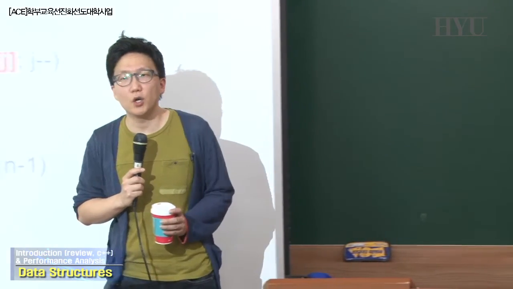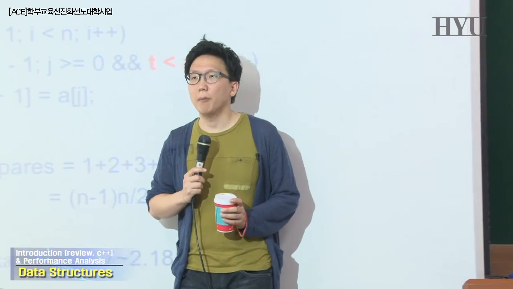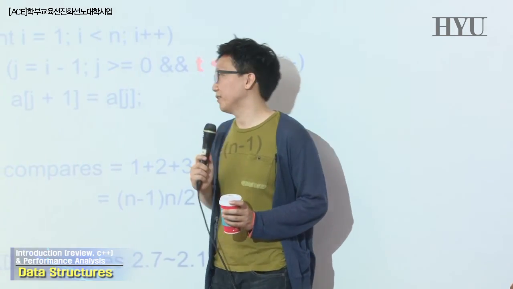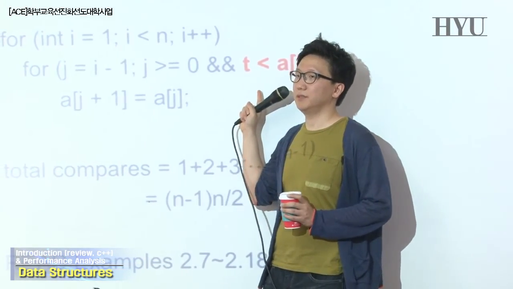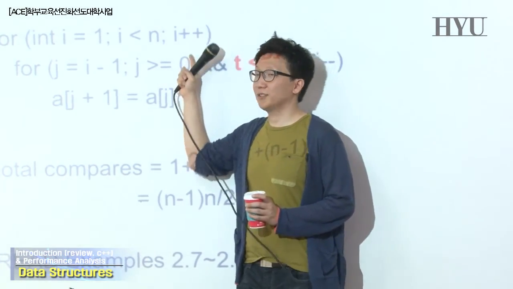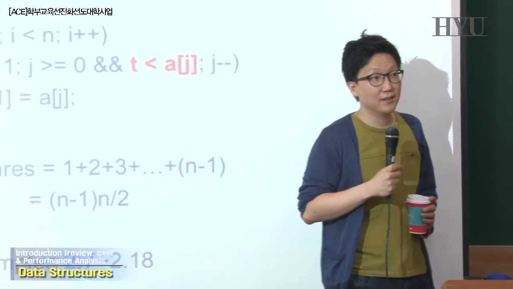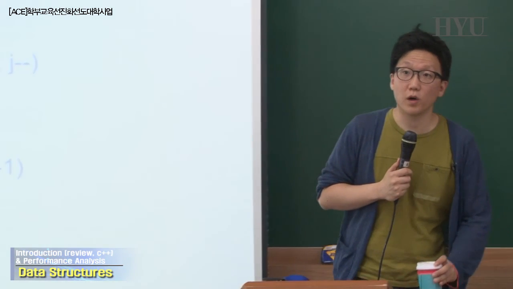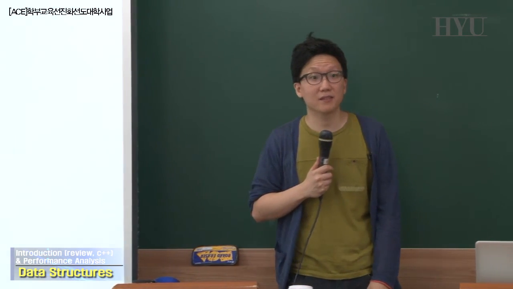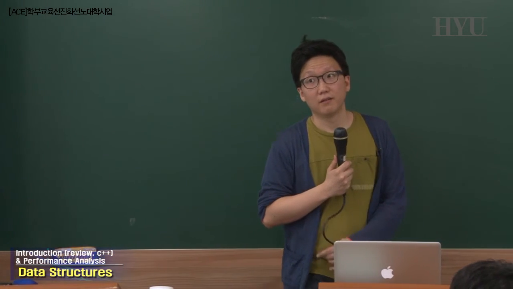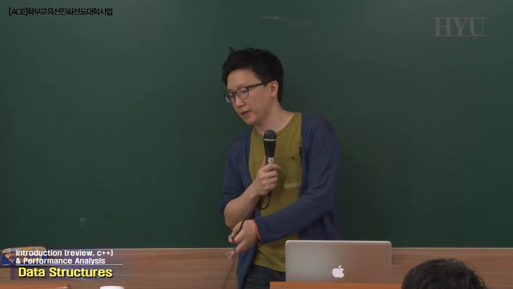All I want you to know is the rough upper bound. Forget about the exact number of comparisons. I just see 2 for loops inside, so I can guess the worst bound is n squared. You have to compare every element to every other, so n times n minus 1.